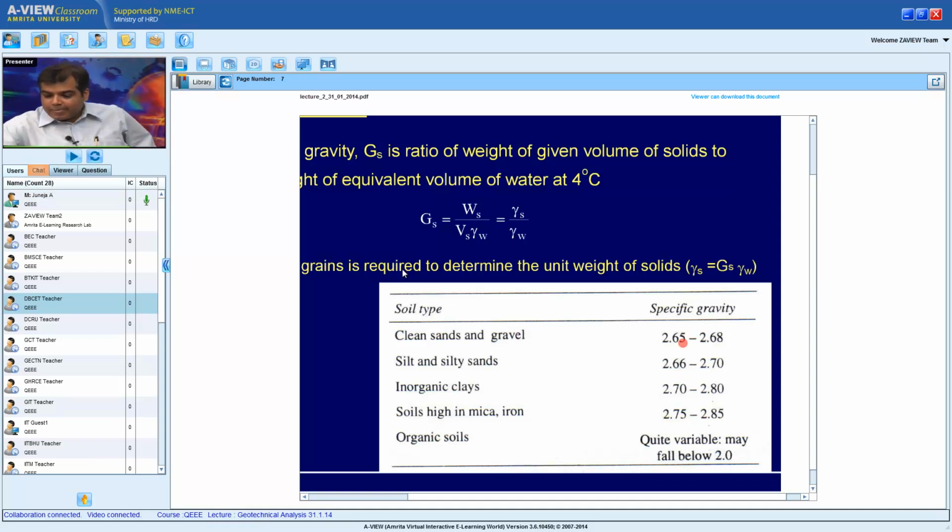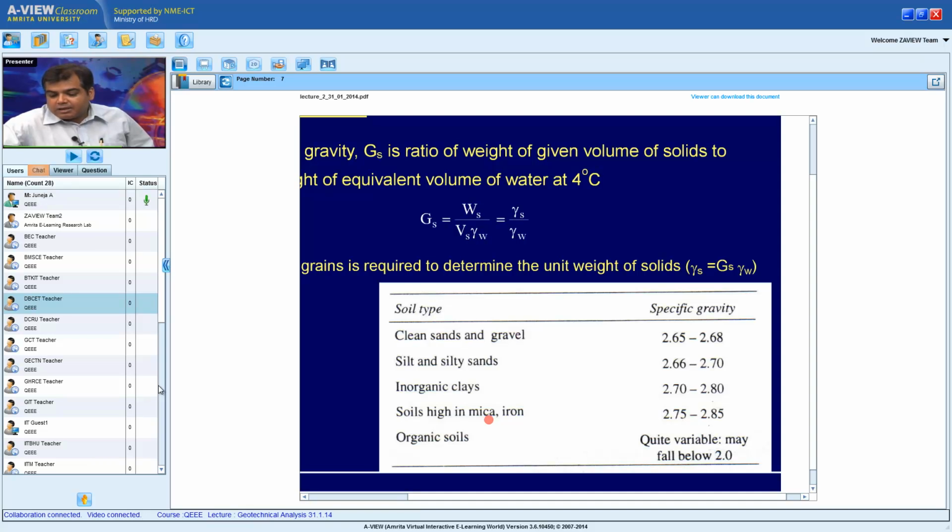The reason being that the major constituent of all soils is silica, and because silica is a fixed quantity, the unit weight is governed by the unit weight of the silica element. So clean sand is around 2.65 to 2.68, and finer particles, perhaps clays, have 2.7 to 2.8.